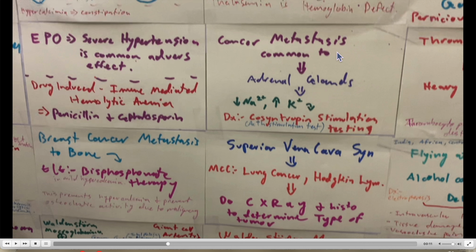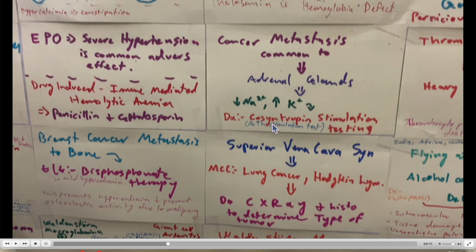Cancer metastasis is common to adrenal glands, which will give you findings of decreased serum sodium, increase in potassium. Okay. Diagnosis is cosyntropin stimulation test. This is an ACTH stimulation test.